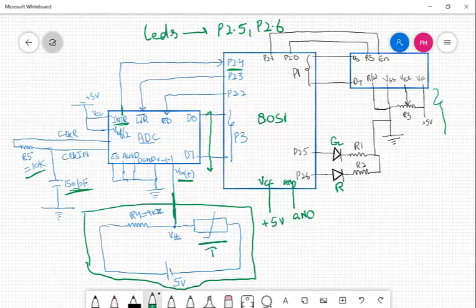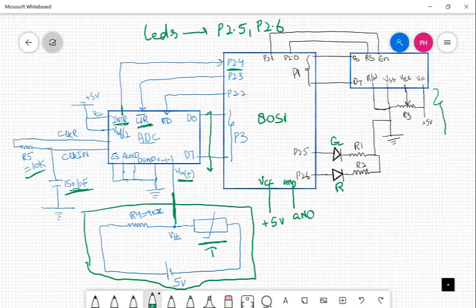And then what we have to do, we have to actually read the data from ADC. First we have to tell the ADC to start the conversion, then when it finishes the conversion, we have to read the data from ADC. So to start the conversion, we will actually send a high to low pulse to the write pin here.